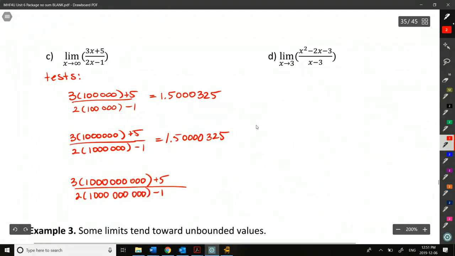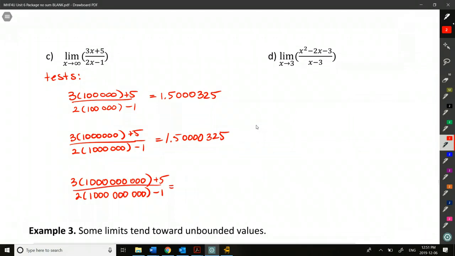Okay, let's calculate it. Is it 1.5? The limit is 1.5. Yep, you're right.